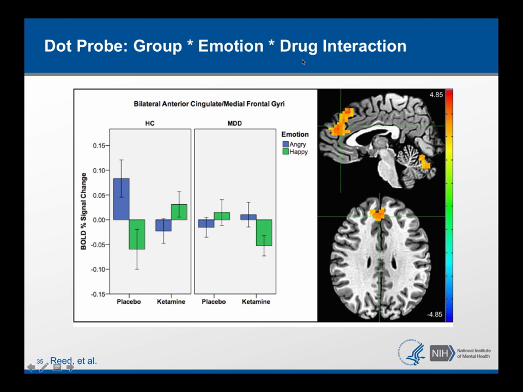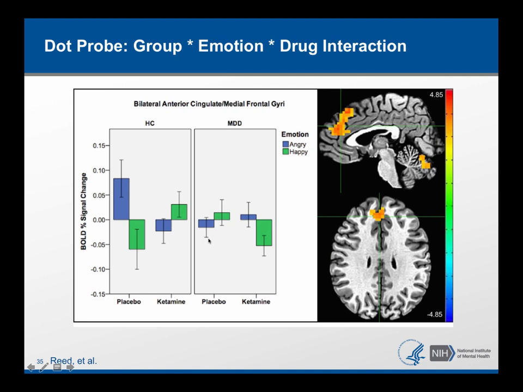So we see this group by emotion by drug interaction in these subjects in their response to individual events within a block. Under the placebo condition, the healthy controls actually activated more to the angry faces and less to the happy faces, while the depressed subjects under placebo did the exact opposite.